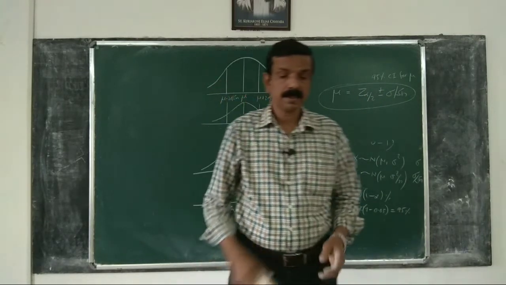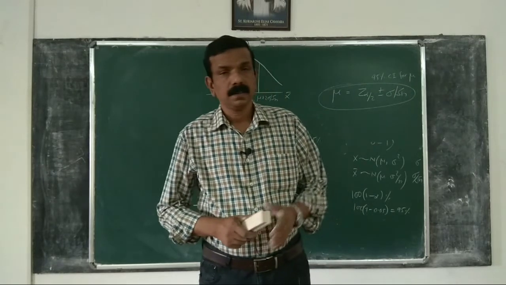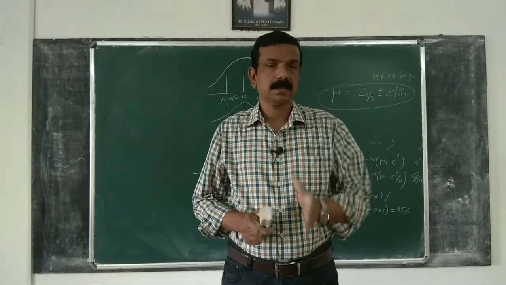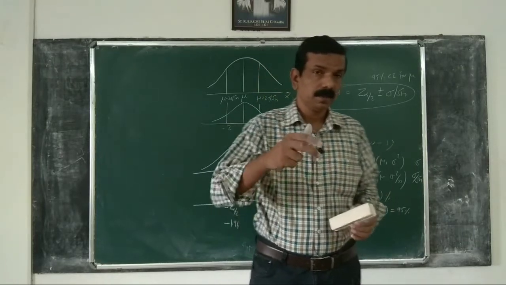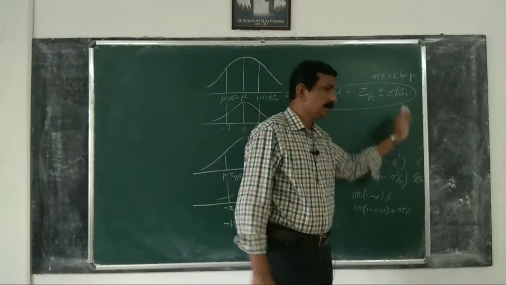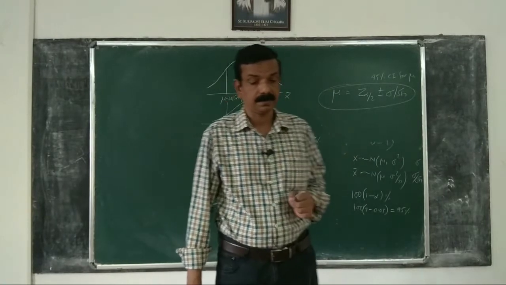And the interpretation is that if we construct intervals like this a repeated number of times, mu will lie in such intervals 95 out of 100 times.